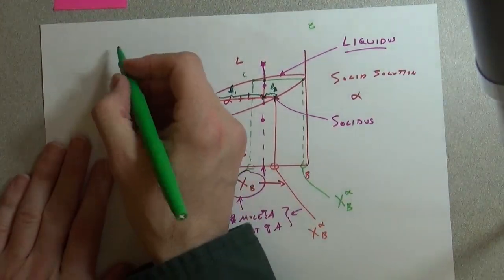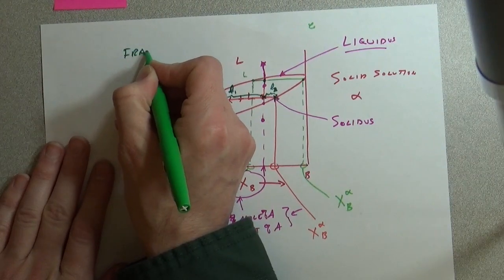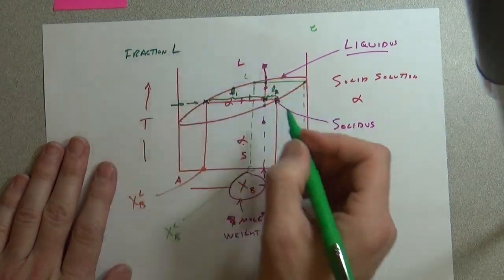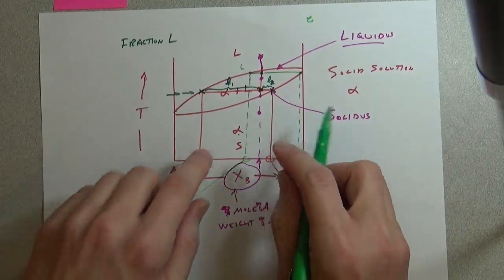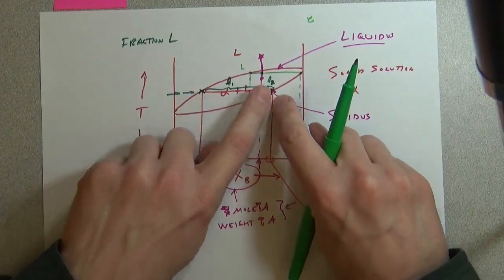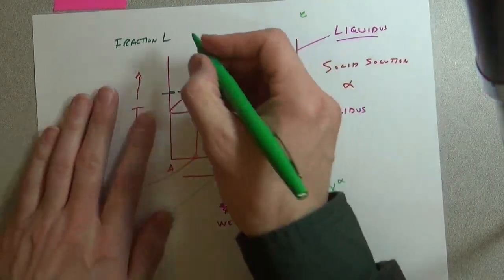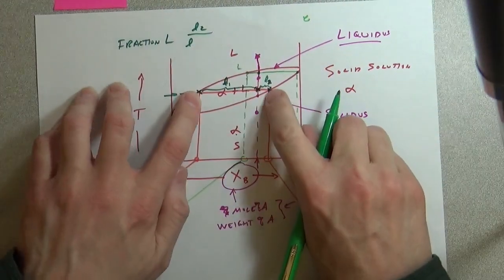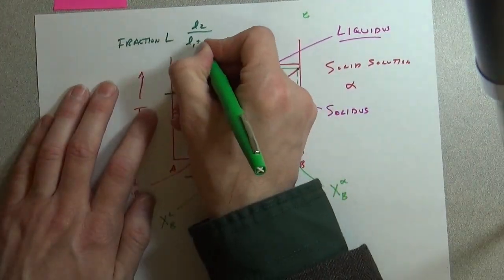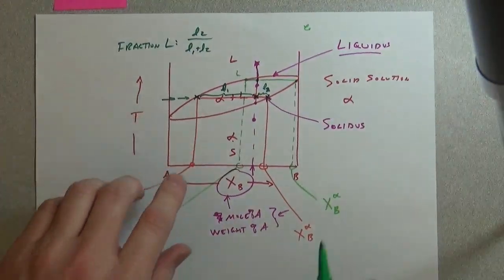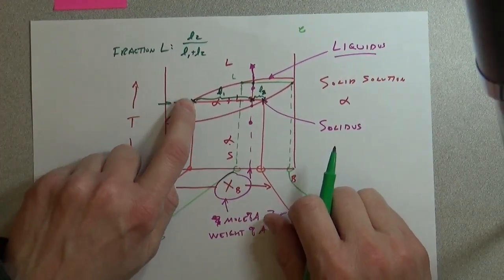Then the fraction of liquid is going to be the inverse. So that point is touching the liquid. So we take L2 divided by the total length of the tie line, L1 plus L2. So you see that?